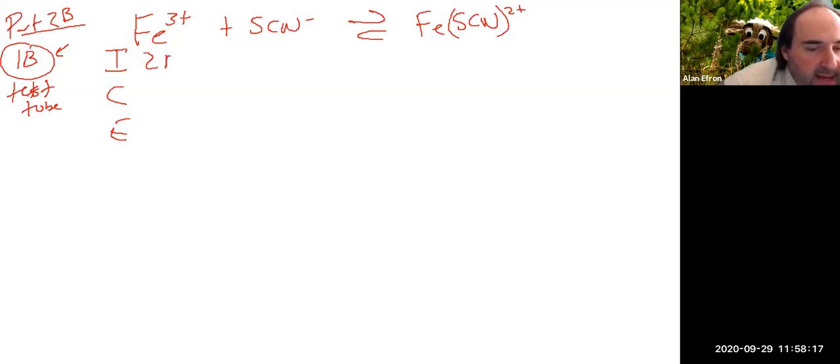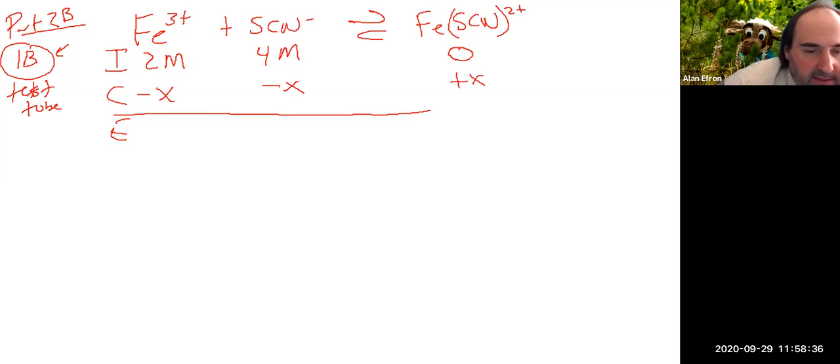Initially, say we started with 2 molar of the iron 3, 4 molar of the SCN minus, and 0 of the product. You then will go minus X, minus X, plus X, which means in my made up example, you would have at equilibrium 2 minus X, 4 minus X, and X. Again, remember that the goal here is to figure out what the value of K is, which is this expression.